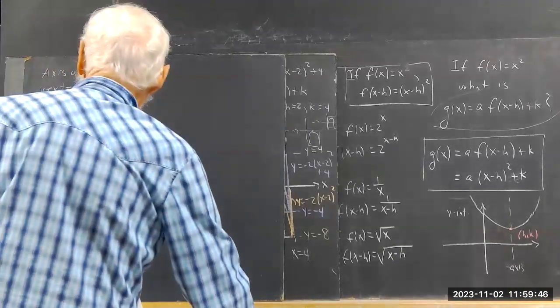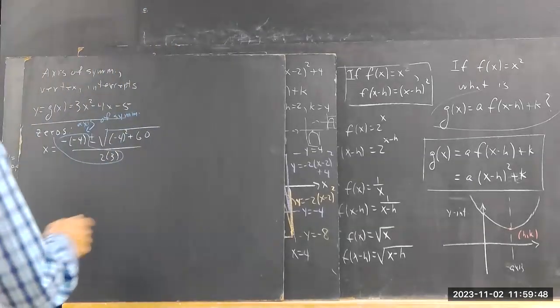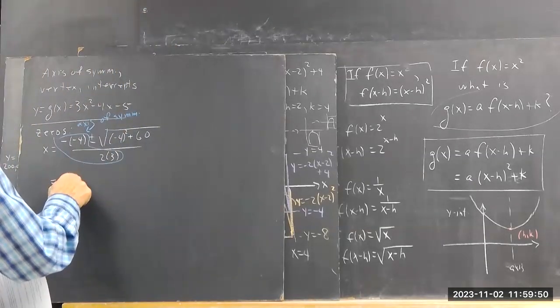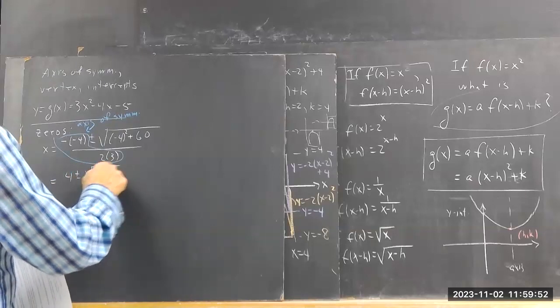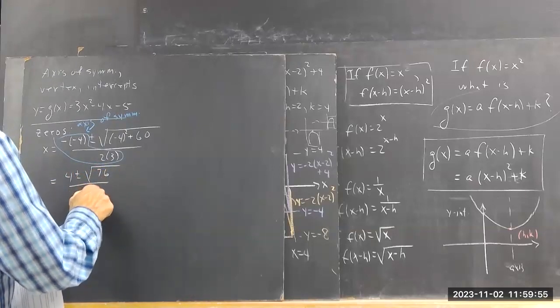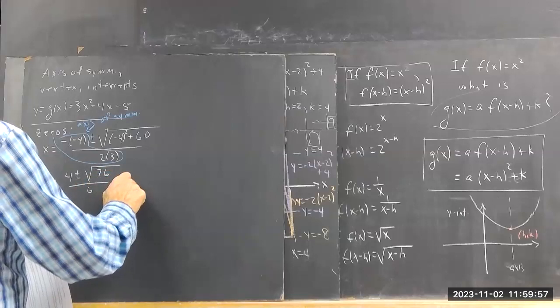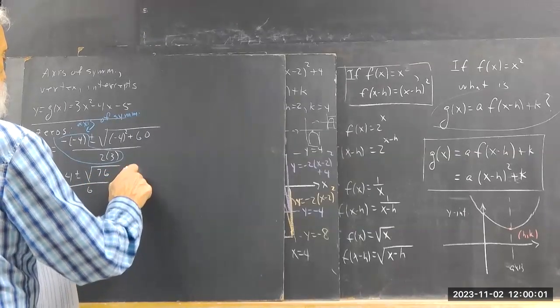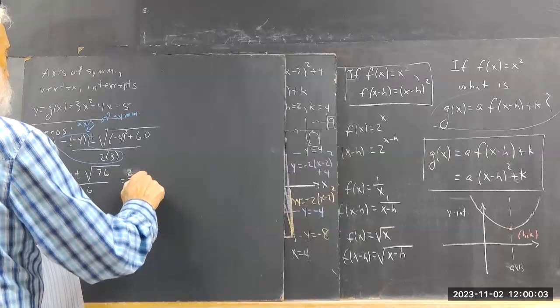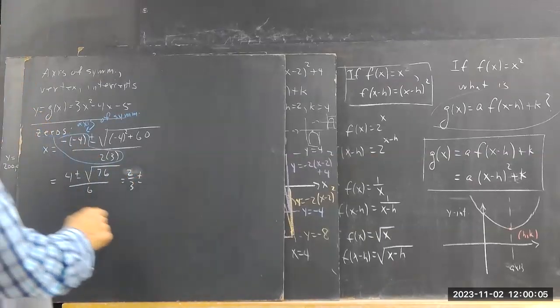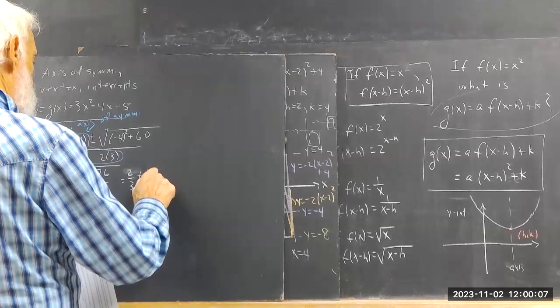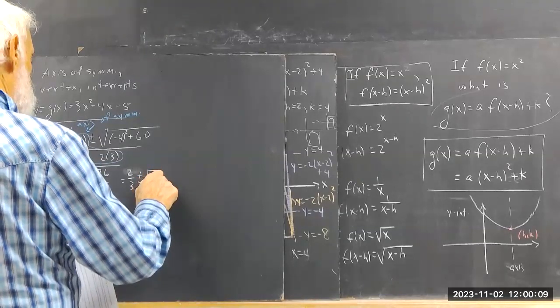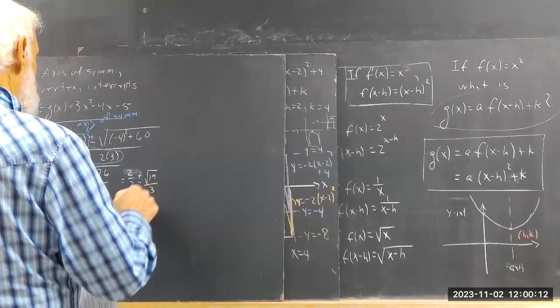Anyhow, then x equals 4 plus or minus the square root of 76 over 6, equals 2/3 plus or minus square root of 19 over 3.